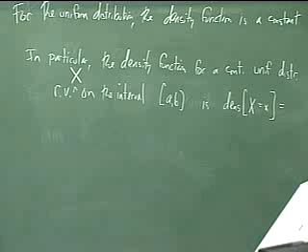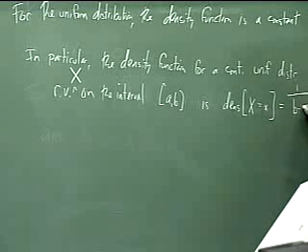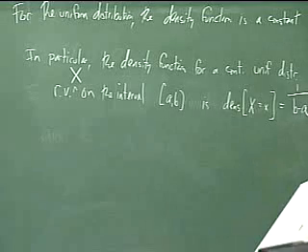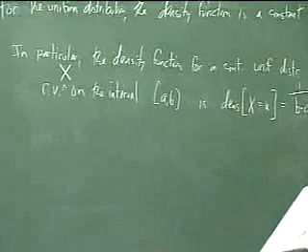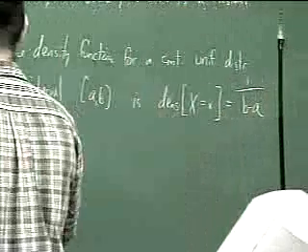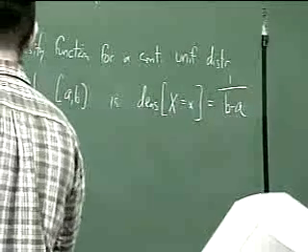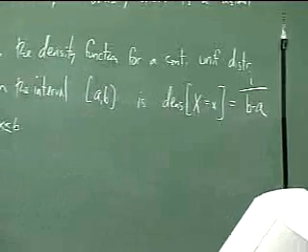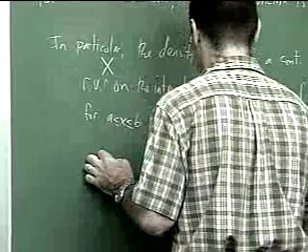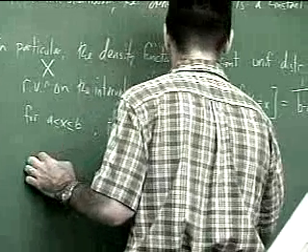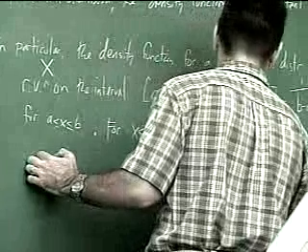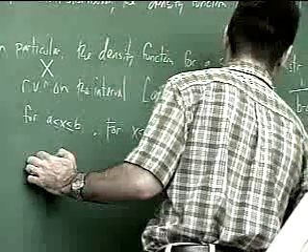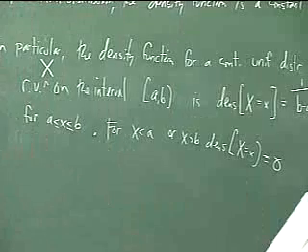Yeah. Close. That would be negative. 1 over b minus a. For a less than x less than b. We can do less than or equal to, that's fine. Right? For x less than a, or x greater than b, density X equals x is 0. The event can't happen up there.